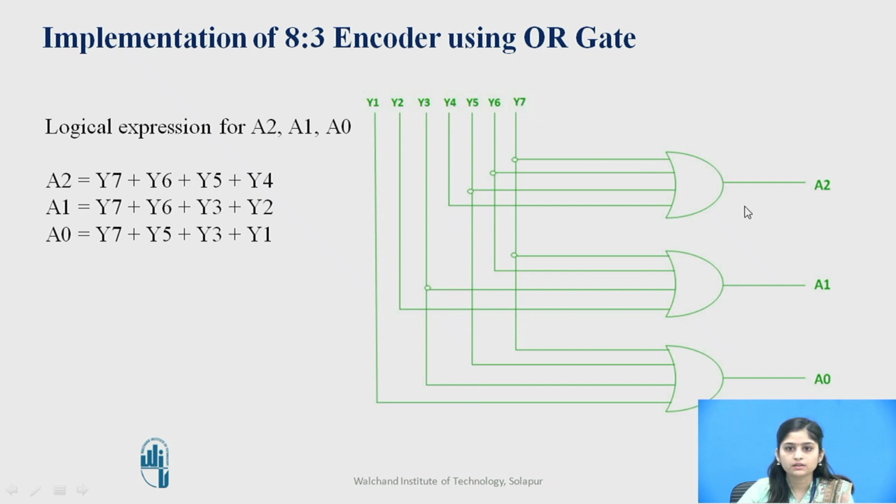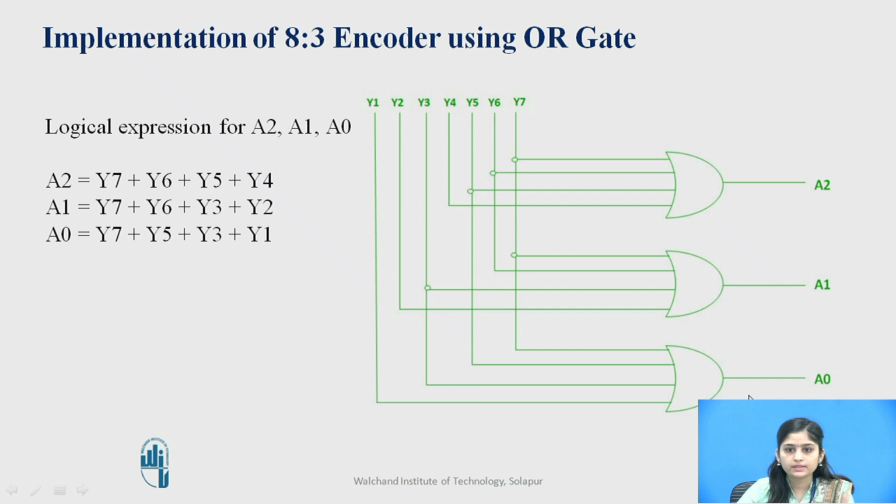Okay, see here, for this first OR gate having output A2, the inputs are Y7, Y6, then Y5 and Y4. For the next OR gate having output A1, we are having input of Y7 plus Y6 plus Y3 and Y2.